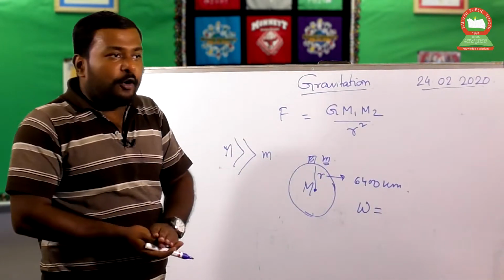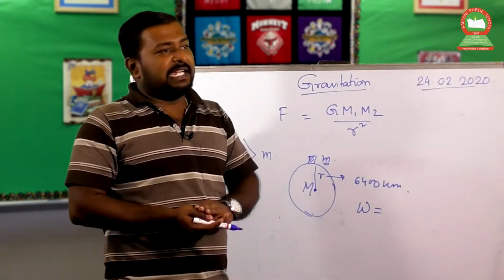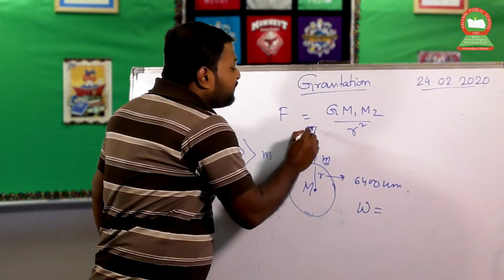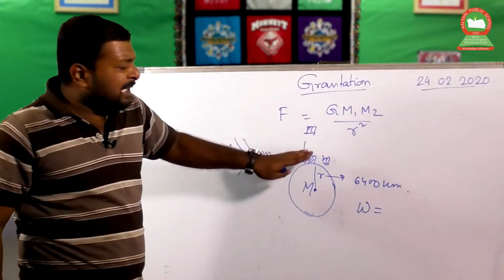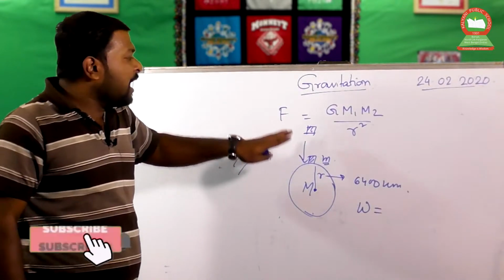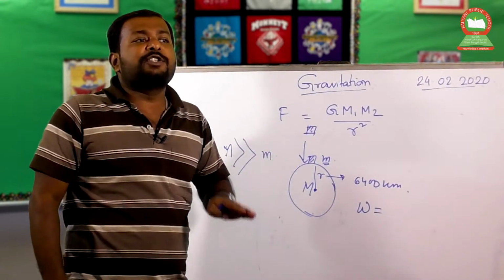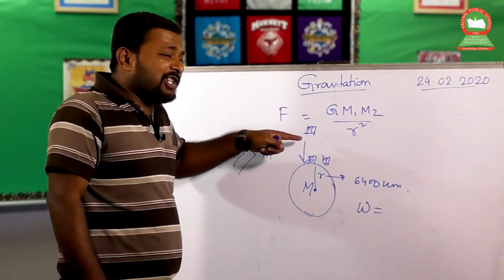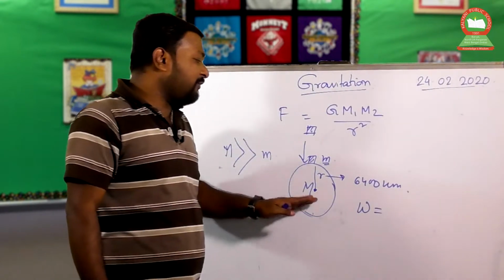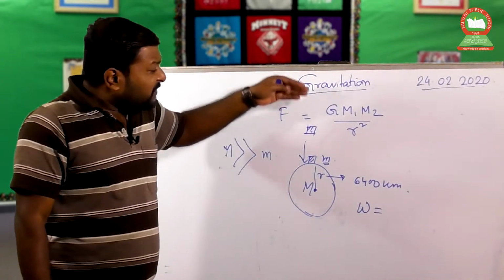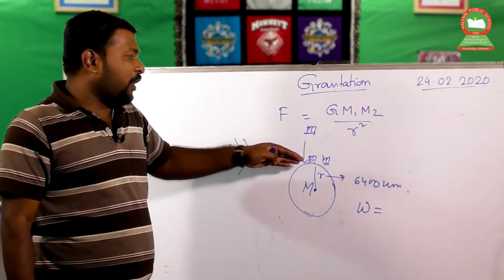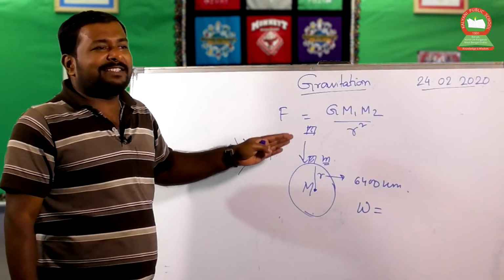Due to that force, acceleration is created if the body is free falling. The acceleration created due to the gravitational pull is called the acceleration due to gravity. Mind it, this acceleration is due to the attractional force of the Earth on a free falling body. That's why it is called the acceleration due to gravity.